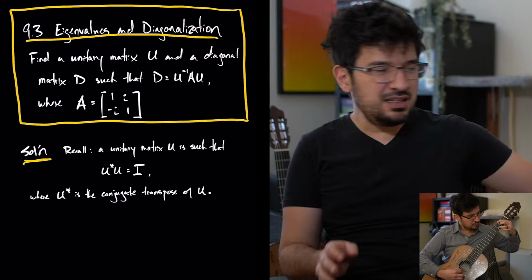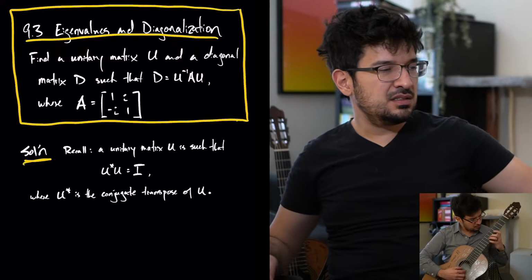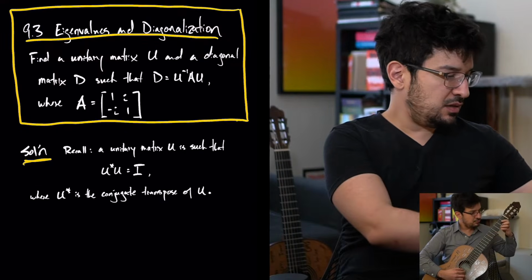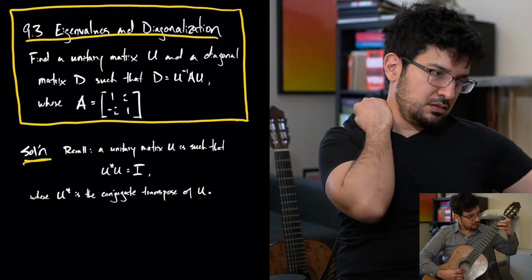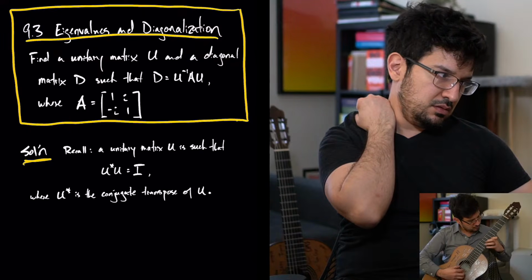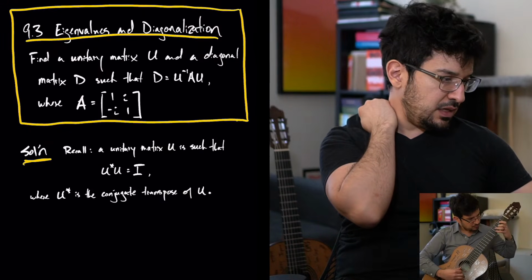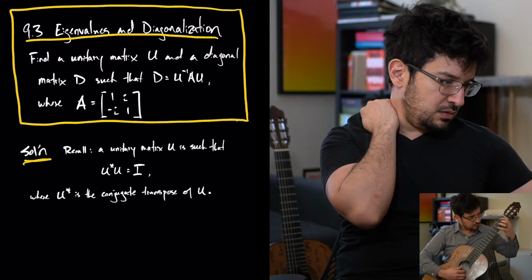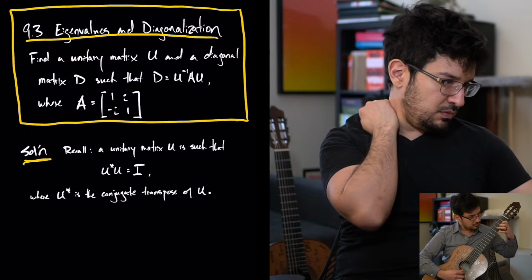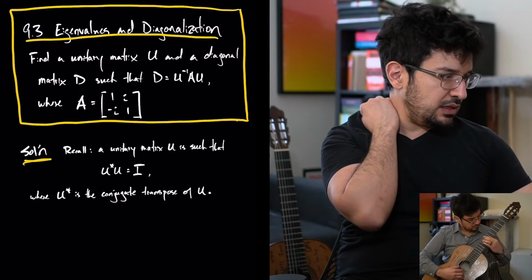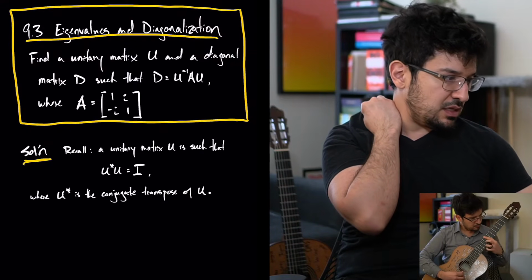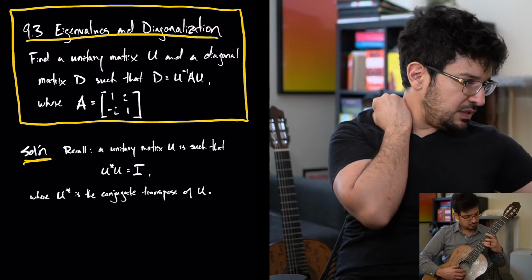Is that right? Is this correct? Okay. What is the definition of a unitary matrix? I think it's in the previous section, isn't it? Yeah, it's in the previous section.